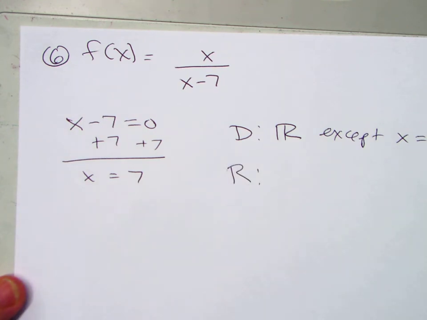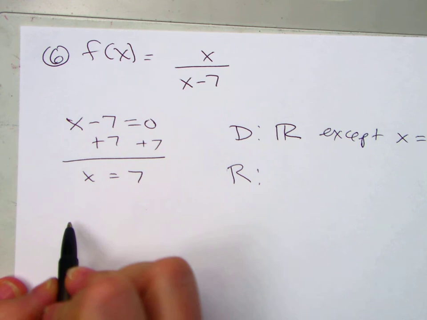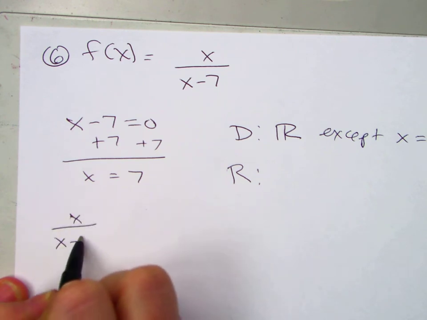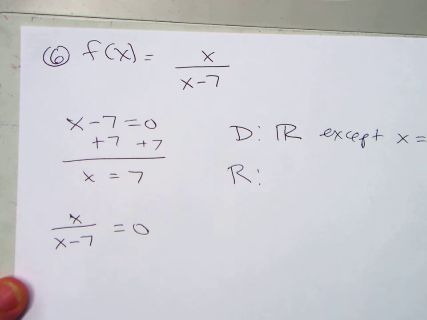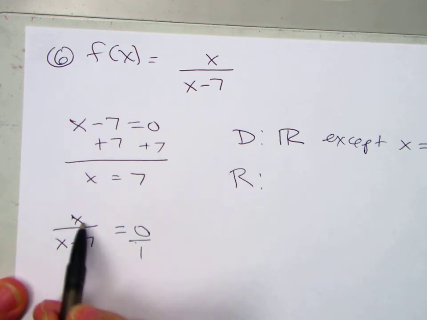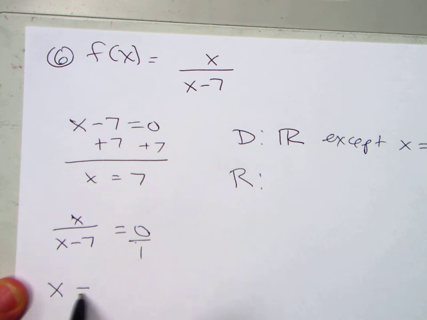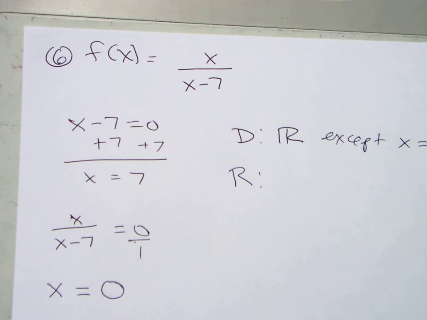Now, range is a little different here. The problem area was 0. Why? Can you solve x over x minus 7 equals 0? Is there a number you can plug in here? There is. If you try cross multiplying, x times 1 is x. 0 times x minus 7 is 0. Were we able to solve the equation? Yeah, 0.